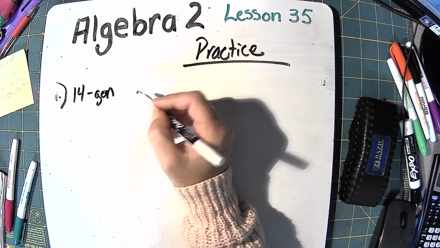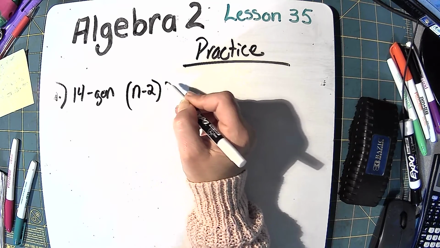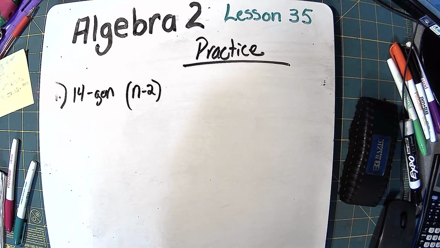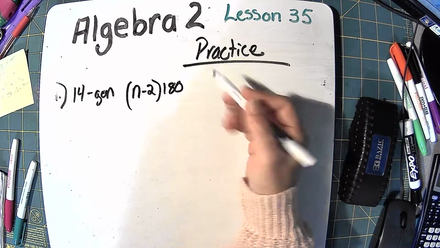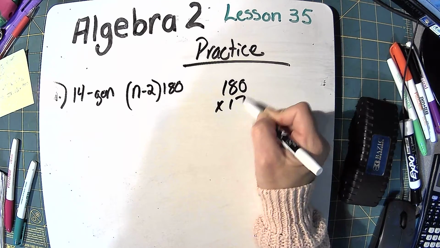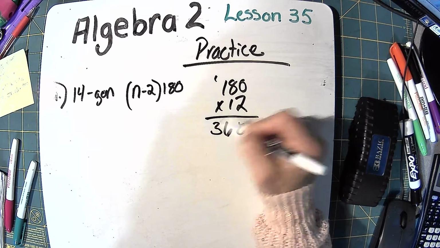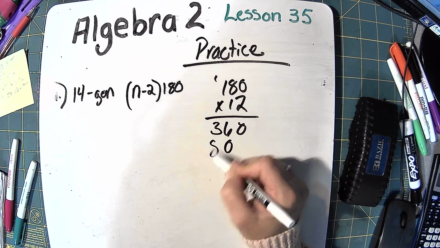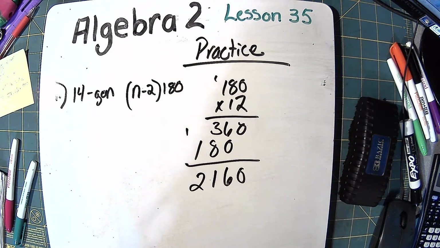So the formula is n minus 2 times 180. So 14 minus 2 would be 12. 12 times 180 is 2,160.